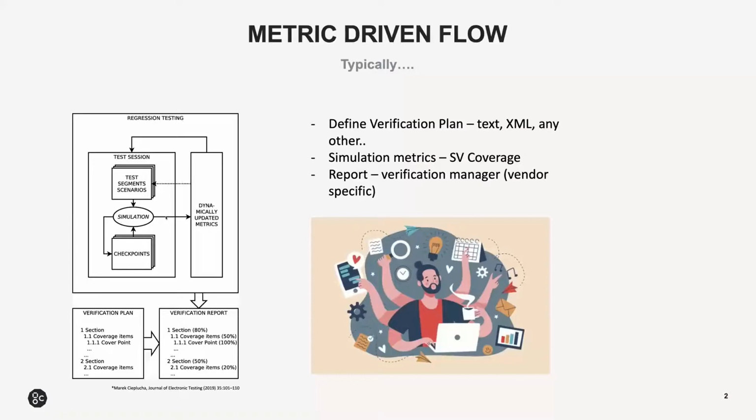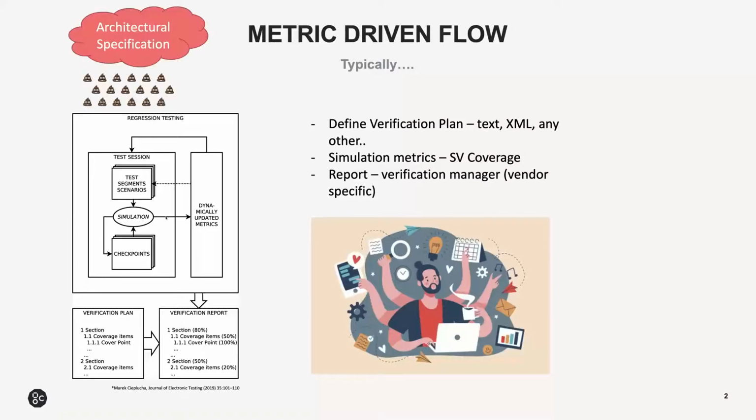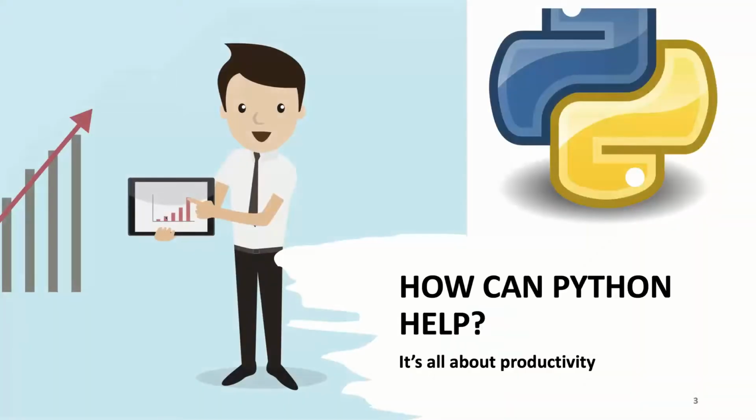And we then have to use typically a vendor-specific tool to put it all together and produce a report that we can view and review and work on and iterate over that process. So there's multiple things going on here, like that picture is trying to show. And that is all before architecture rains on our parade again and changes the specification, and we have to go over that process again. So how can we use Python here to improve our productivity?